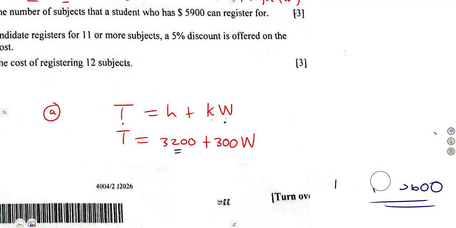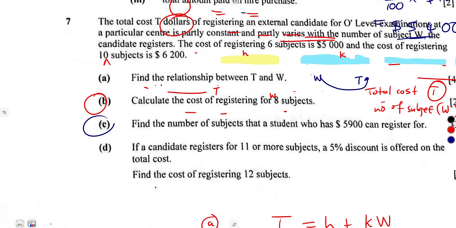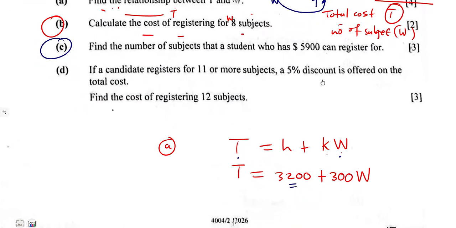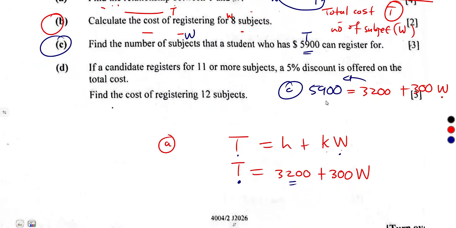All right. Let's consider another part. C: Find the number of subjects given the total cost T. So we need W given T. You can simply substitute T, which is 5,900, so 5,900 is equal to 3,200 plus 300 W. So you solve for W. Take the 3,200 to the other side, it becomes negative 3,200.